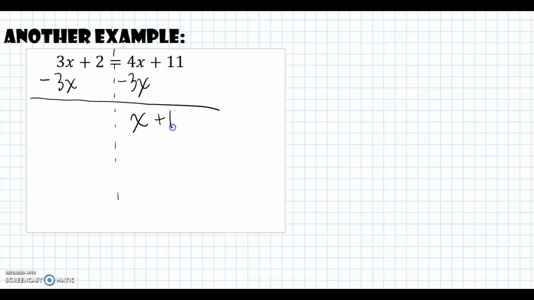I still have plus 11 on the right side. 3x minus 3x is 0, and I have 2. So I have 2 equals x plus 11. Then let's remove the numbers from the right side by keeping this equation balanced by subtracting 11. x is left over on the right side. 11 minus 11 is 0. 2 minus 11 is negative 9.